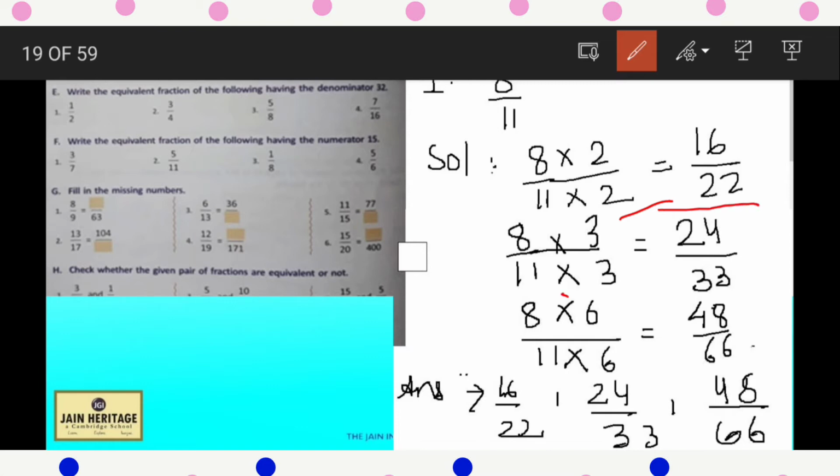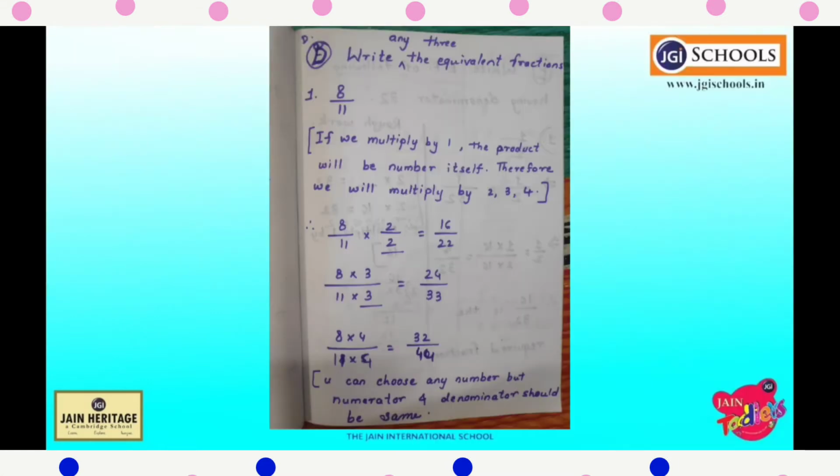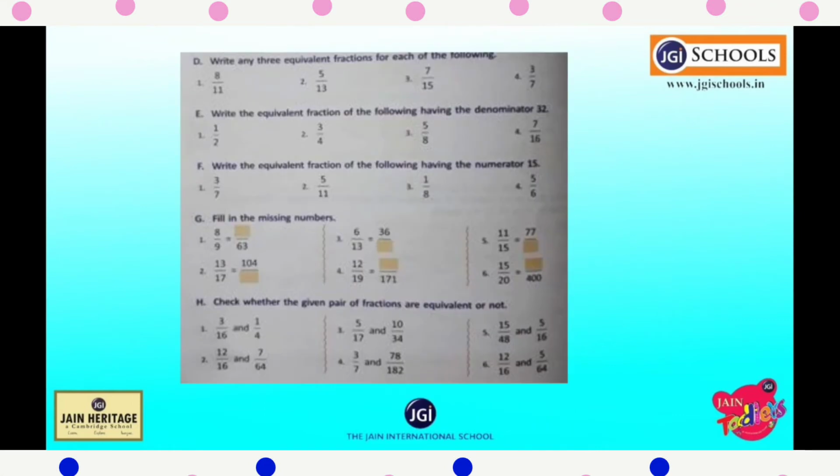Here we are multiplying by 3: 8 times 3 is 24 and 11 times 3 is 33. Next we are multiplying by 6 in the numerator and denominator: 8 times 6 is 48 and 11 times 6 is 66. So the 3 equivalent fractions are 16 by 22, 24 by 33 and 48 by 66. In the same way you have to write in your notebook and complete your classwork copy.